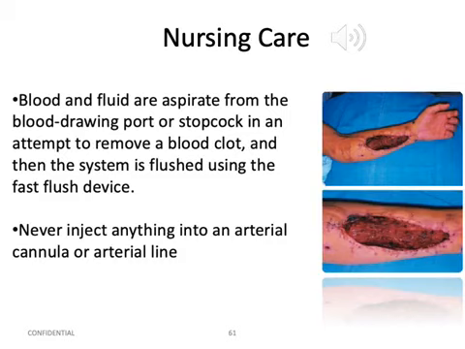Now, in case we have a patient where we suspect there are air bubbles or a clot, usually we need to aspirate to make sure that we are removing the clot or the air bubble. After that we can flush the system, and again you should never give any medication or fluid through the arterial line.